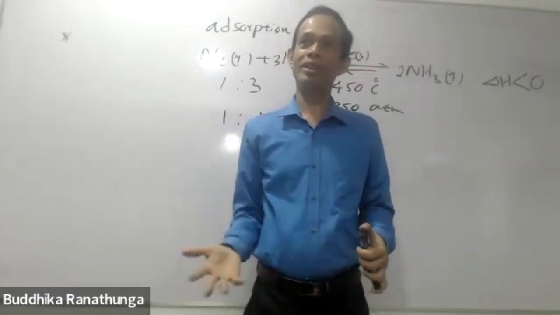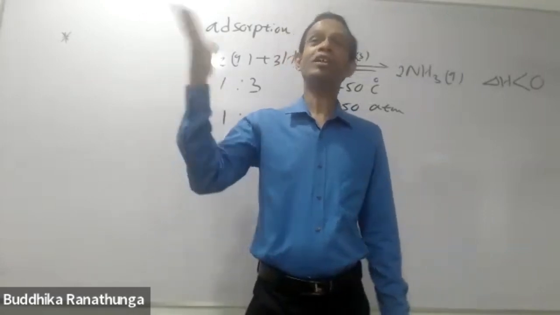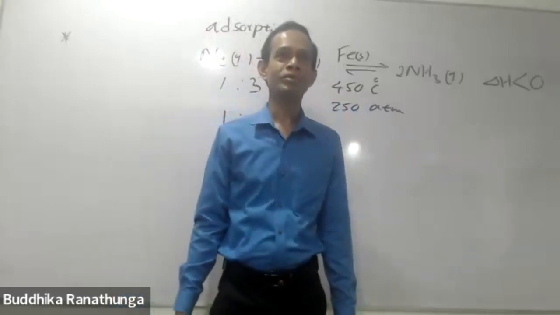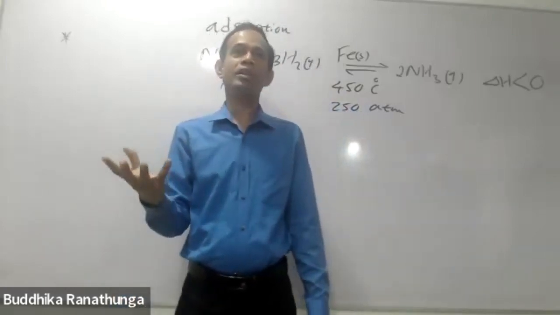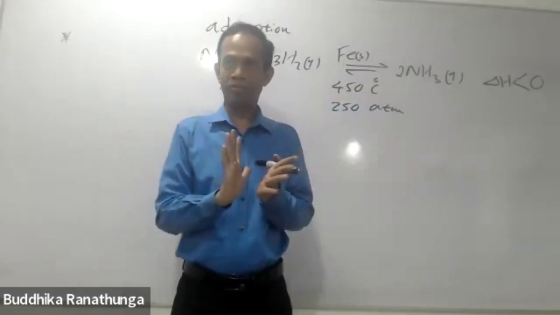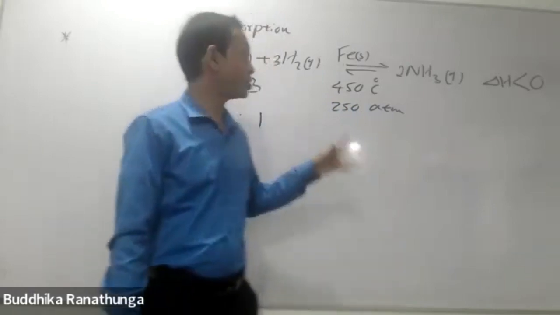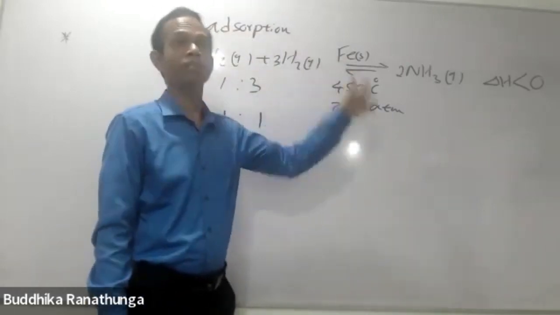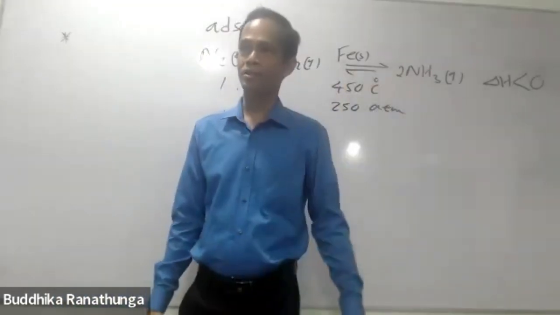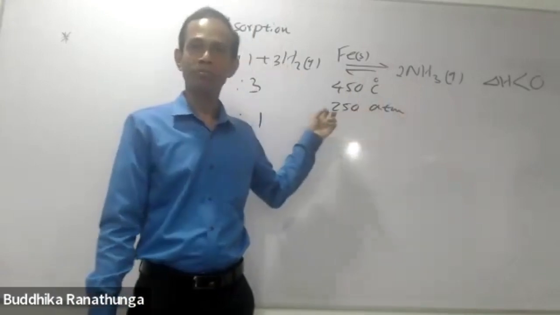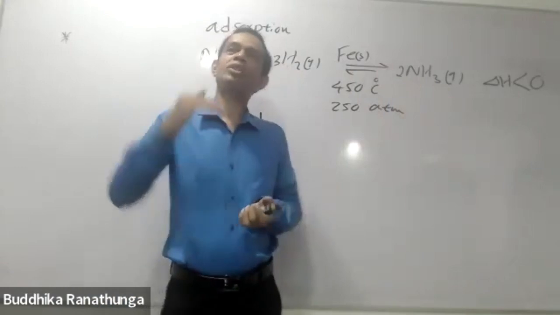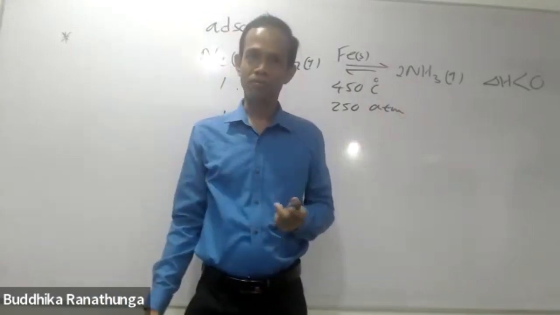Critical temperature: the maximum temperature at which a gas can be liquefied by compressing, right? Out of these three, which has the highest critical temperature? Ammonia. The stronger the interactions, the higher the critical temperature, right?